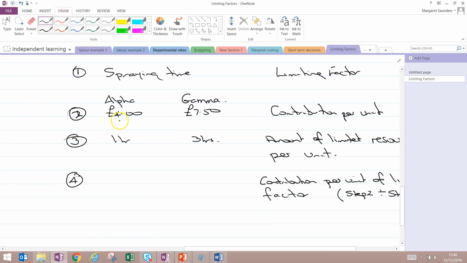Step 2 is the contribution per unit, and step 3 tells us how much of the limiting resource we need per unit. So the contribution per unit of spraying time is £4 divided by 1 hour.